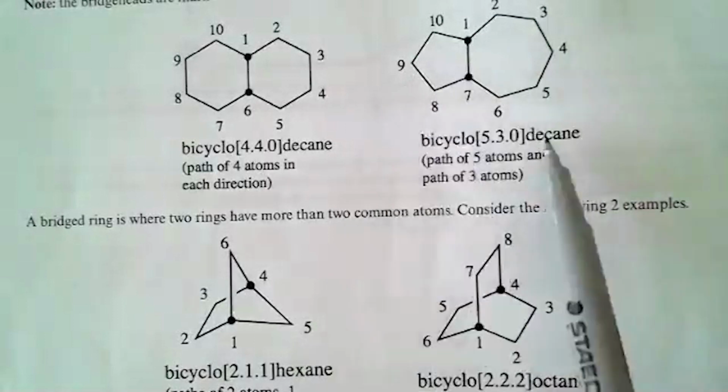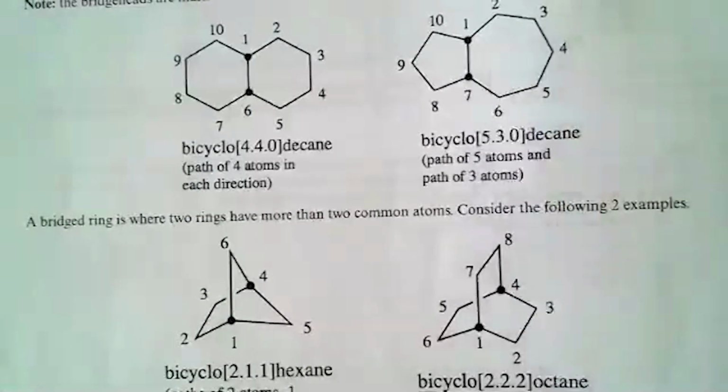Bicyclo, it's 2 cyclic components, and the dec is because of the number of carbons. And these are all saturated hydrocarbons. Saturated because each carbon is bonded to the maximum number of atoms any carbon can be bonded to anywhere in the known universe, which is 4. Carbon can never be bonded to more than 4 atoms. And so when it is bonded to 4 atoms, it's saturated.